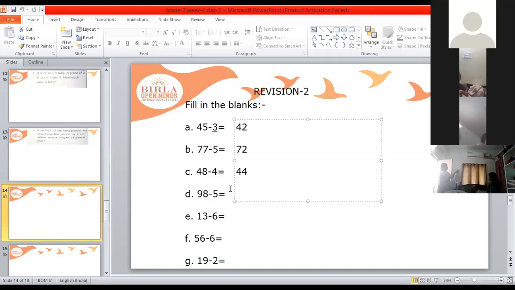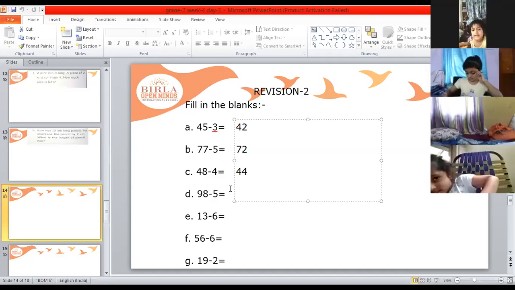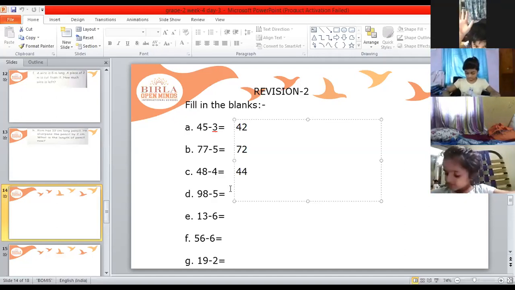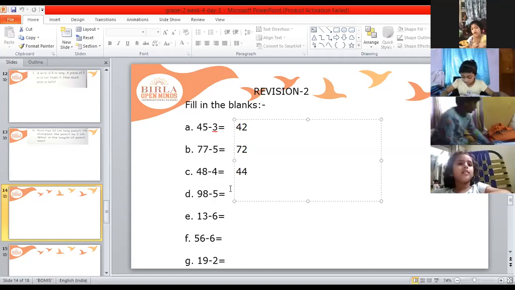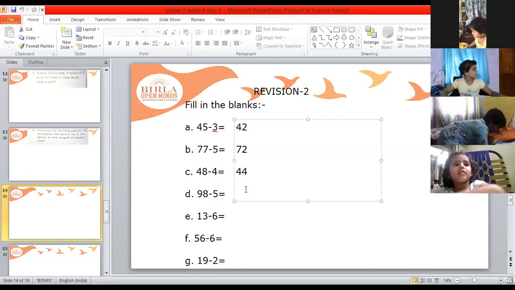Number is 5. Show me your 5 fingers. Now start counting backward. What comes just before 98? 97, 96, 95, 94, 93. So we'll write 93 here.